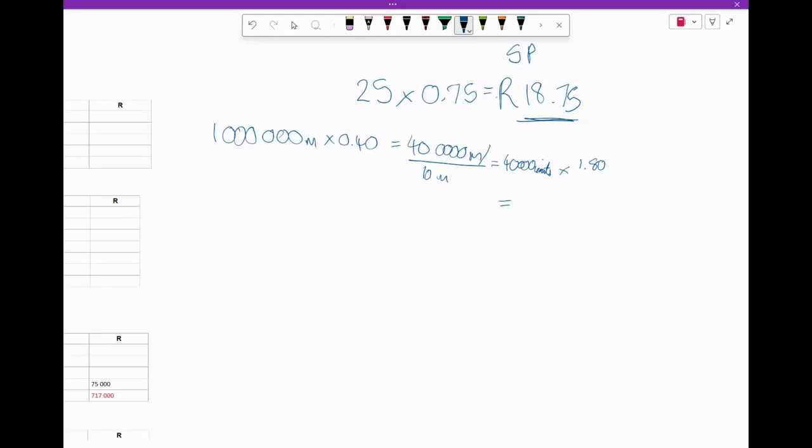So you're happy now? Okay. All right, cool. So what's the number of units that we get? 72,000. Okay, cool. So at a price point of 18 rand 75, we're going to sell 72,000 units.